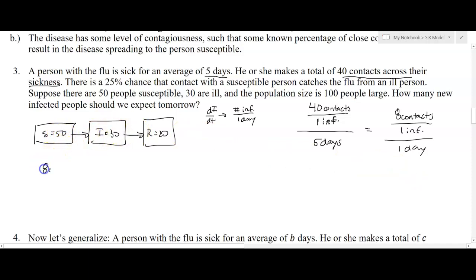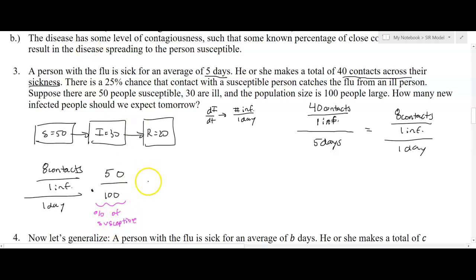We want to know the fraction or the percentage of those contacts that will be with a susceptible. So this right here is the percentage of susceptible. And that's going to give us 4 contacts per 1 infected per 1 day.